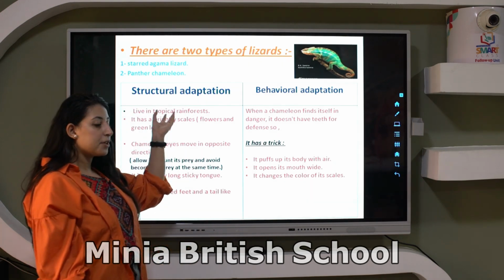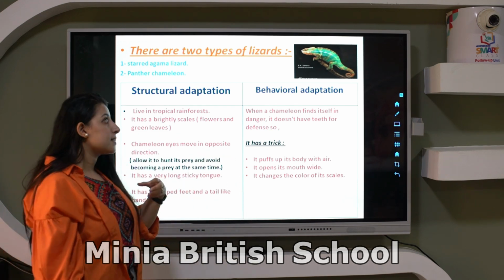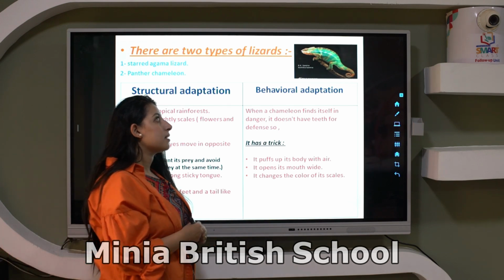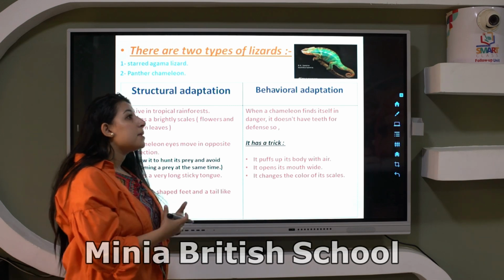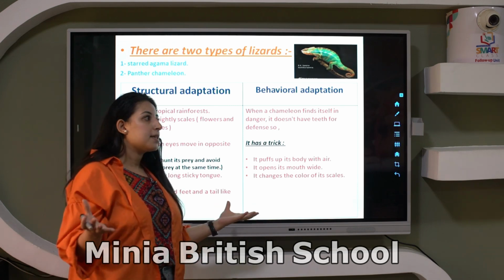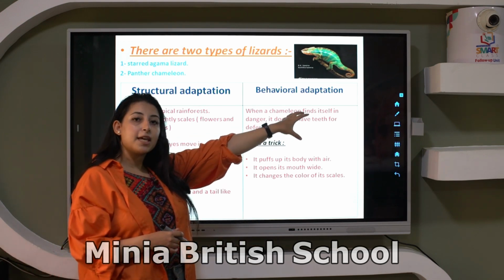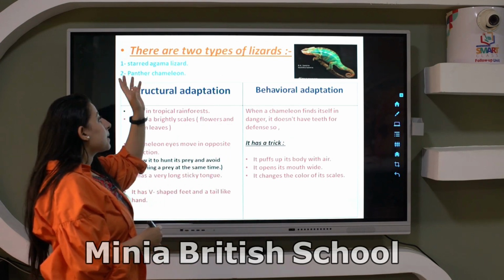It has a mild temperature and it's rainy most of the year, so it has a different climate than the desert, right? It lives in a special climate, a good climate for it. God created for it many amazing structural adaptations, and it can also make some behaviors to adapt to its habitat in the tropical rainforest.